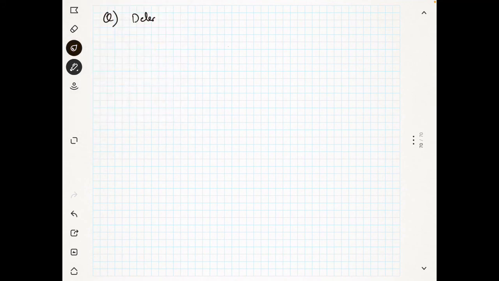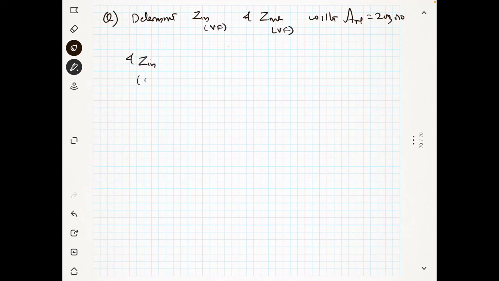Determine the Zin for the voltage follower and Z out for the voltage follower with the open loop gain as 200,000 and Zin in open loop equal to 2 mega ohm, and Z out in open loop it was 75 ohms. So for writing this answer, we know it is a voltage follower.